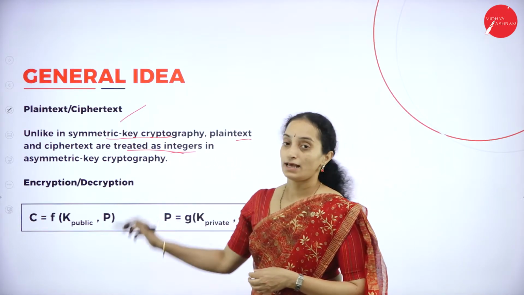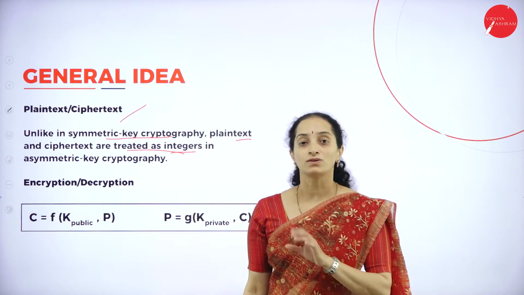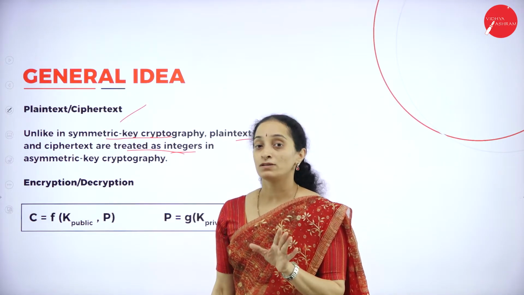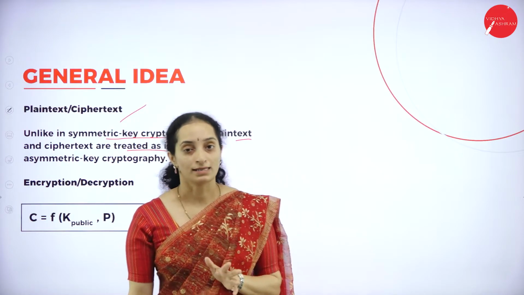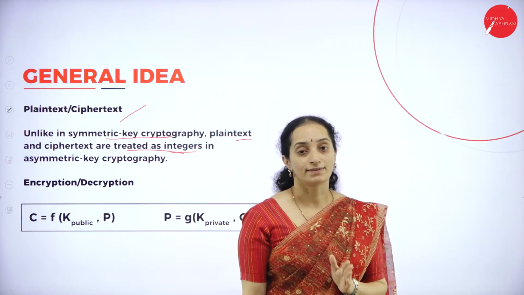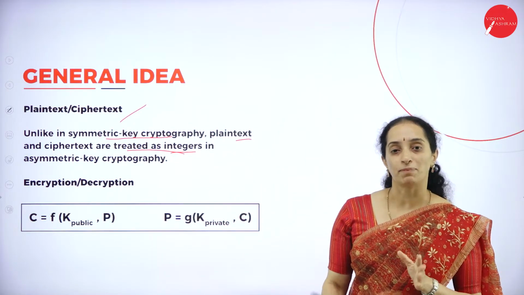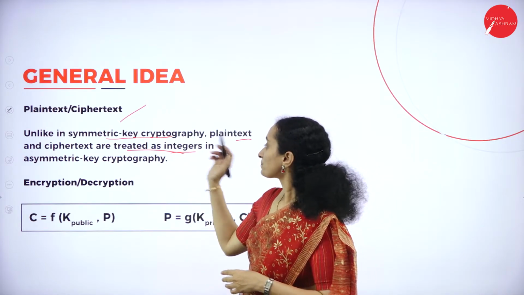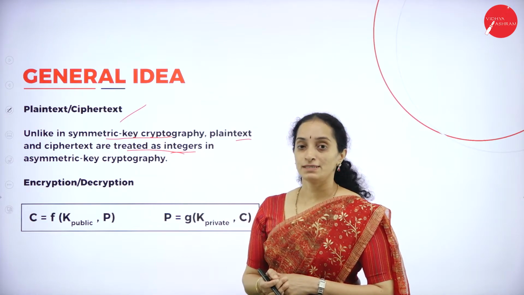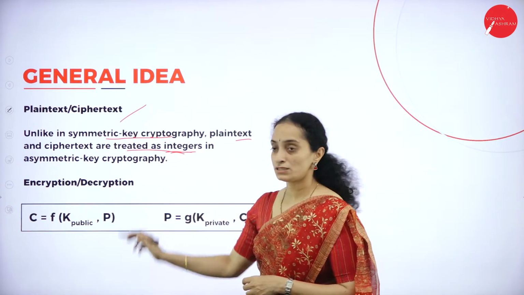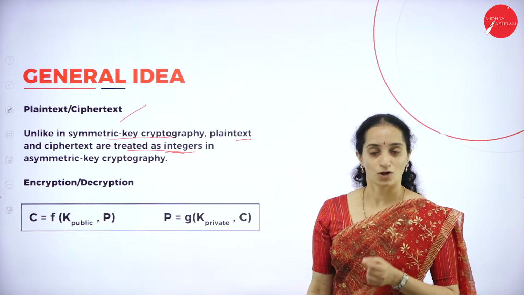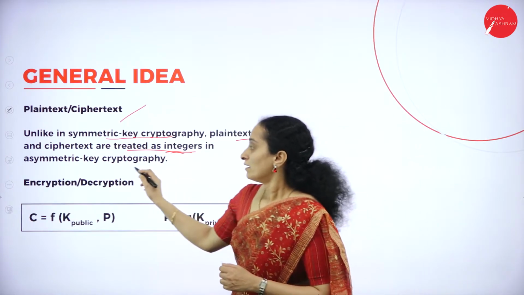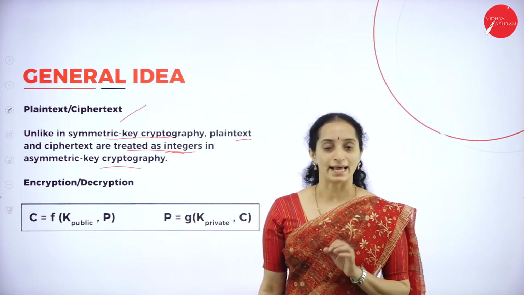But the asymmetric key cryptography never uses any character, because characters are easy to assess. So the adversary can easily assess the plain text or the ciphertext that has been sent. So the asymmetric key cryptography uses the integers or the numeric values instead of the characters.